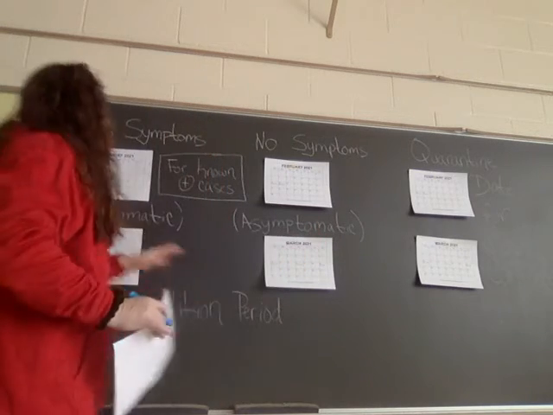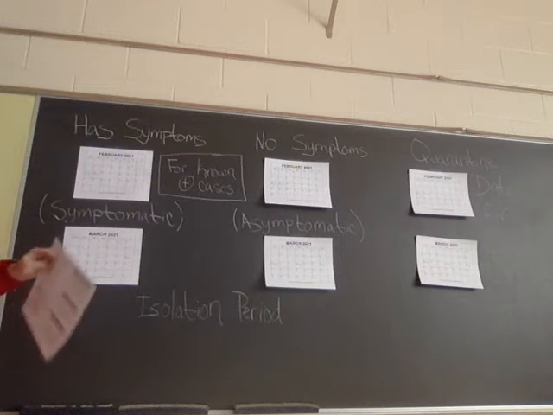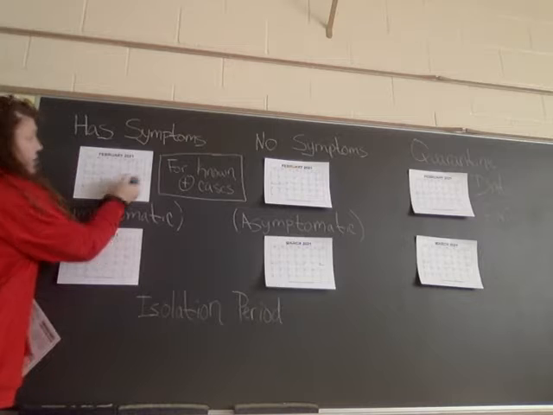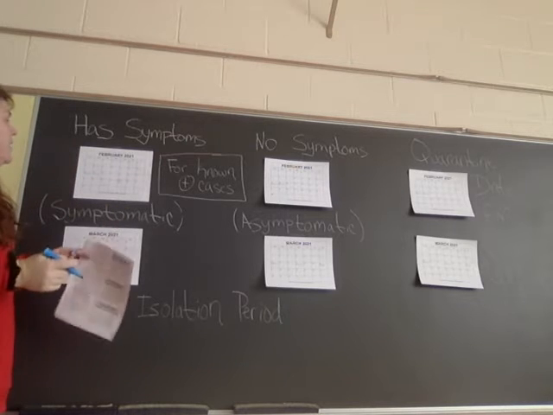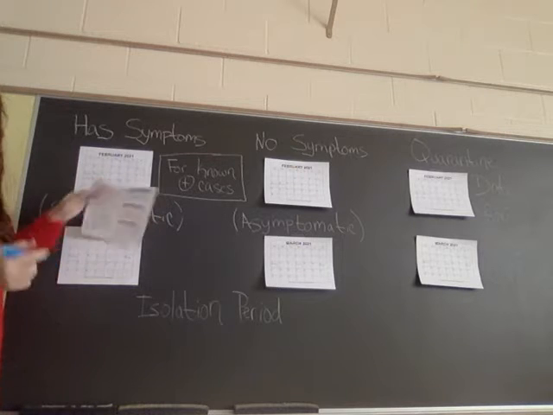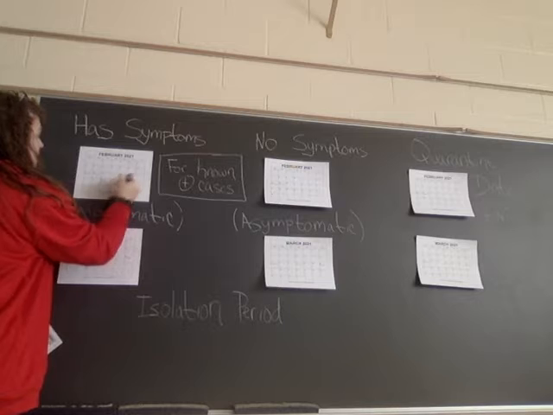So, if the person had symptoms, let's pick a day where I'm going to pick the 25th of February and I'm going to circle it, okay? Now, I find out that this person was at school the 23rd and the 24th. So I am going to put X's on those days.